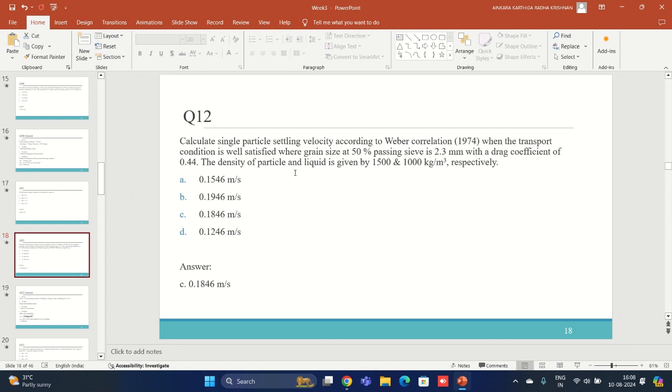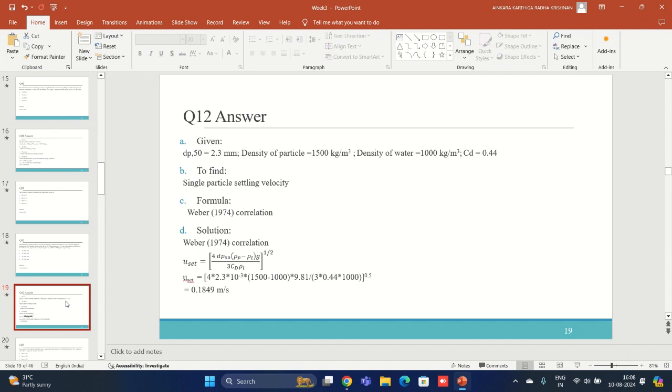The density of particle and liquid is given by 1500 and 1000 kg per meter cube. First we have written the given: the 50% passing diameter dp50 is 2.3 mm, the density of particle is 1500 kg per meter cube, and the density of liquid is 1000 kg per meter cube.